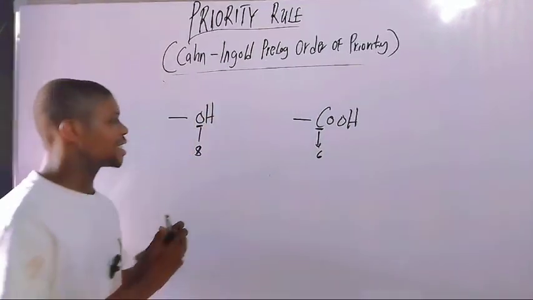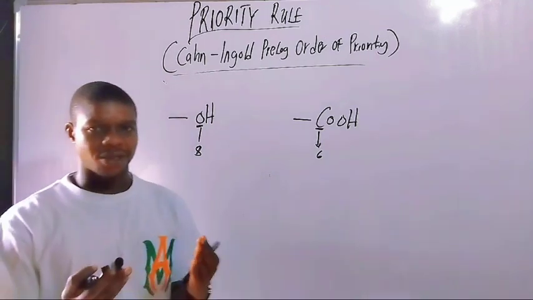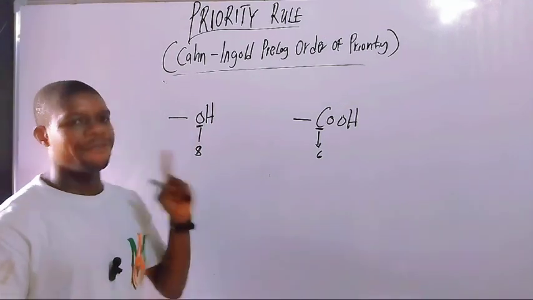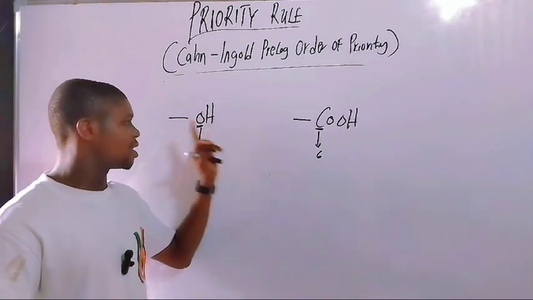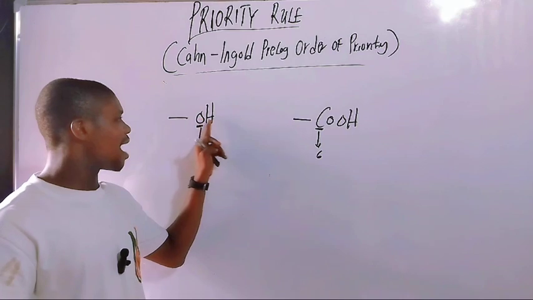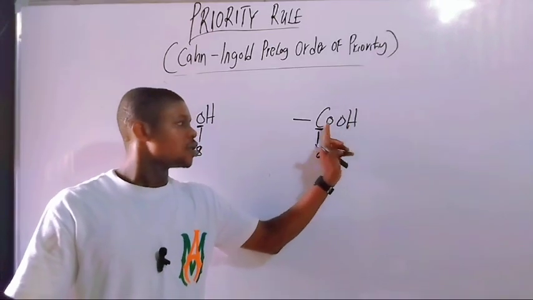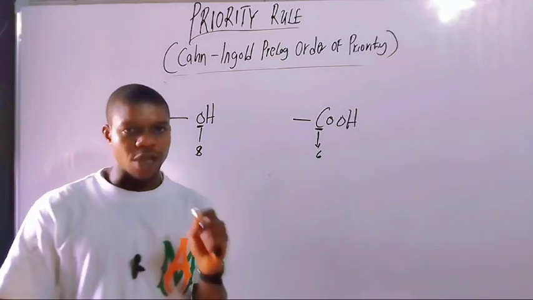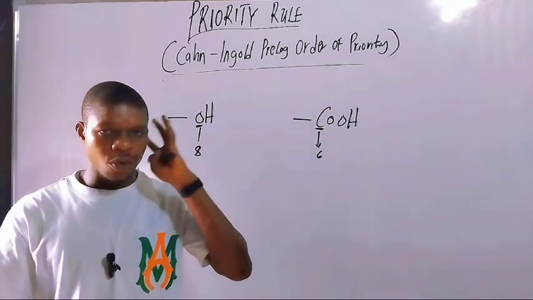So when you are doing your ranking, you don't look at the whole compound. You just look at the first atom. Here we have oxygen, here we have carbon. This oxygen is attached to hydrogen, and this carbon is attached to OOH, but that is not important here. It is the first element that your focus will pay attention to.